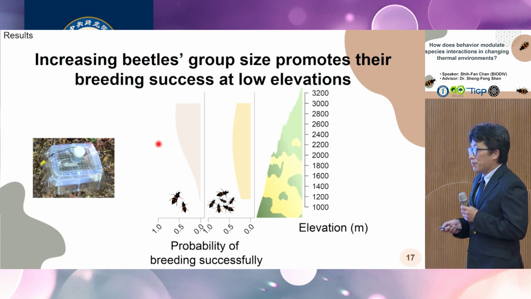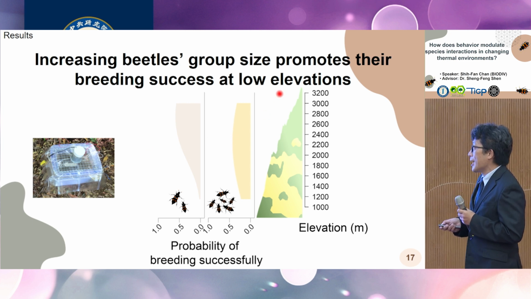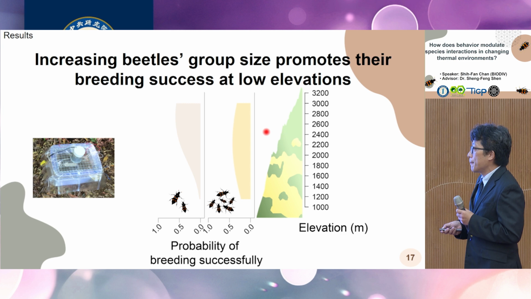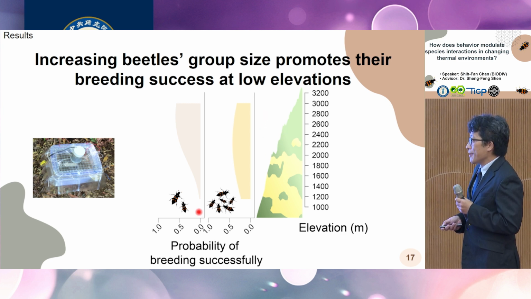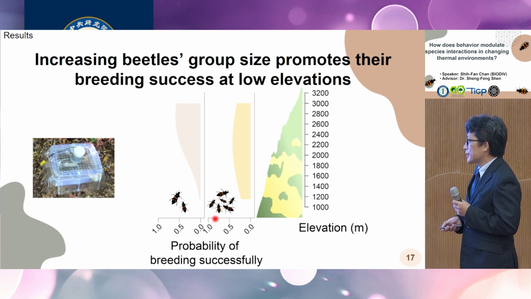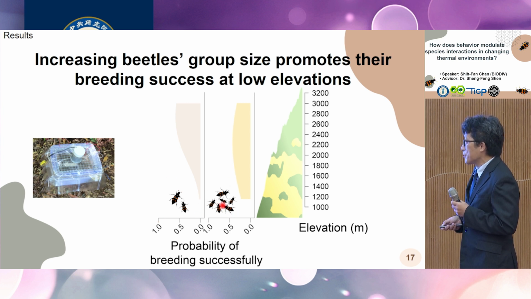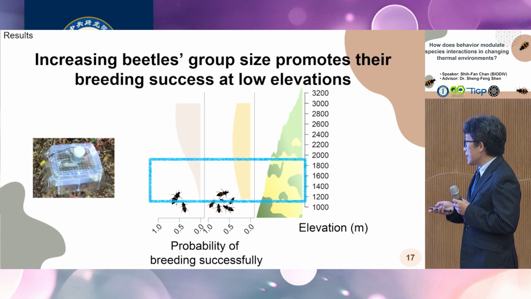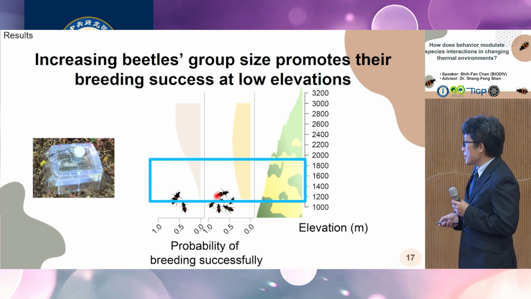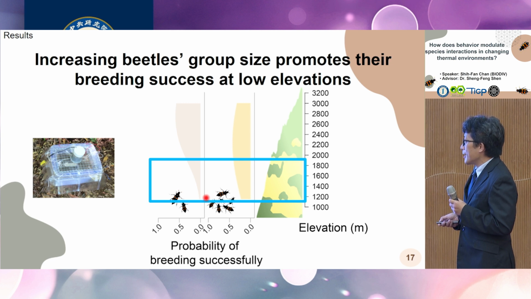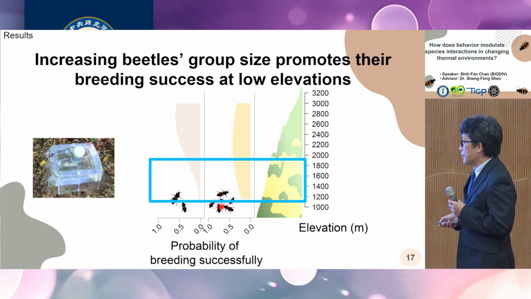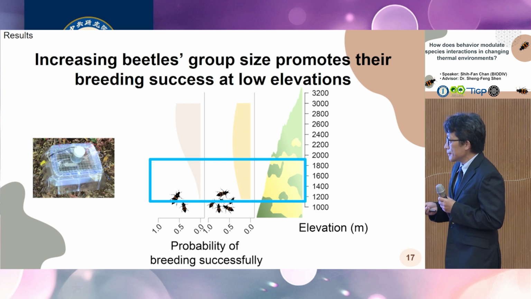We performed the experiments on the western slope where the beetle population density is low. We manipulatively increased the population density of the beetles, and we found that, indeed, the increase of population density and group size of the beetles enabled them to reproduce more successfully.